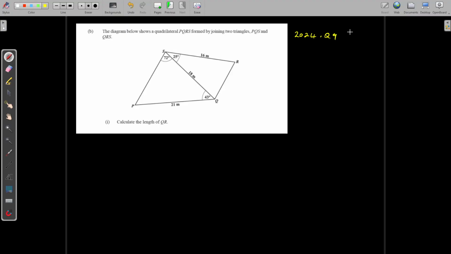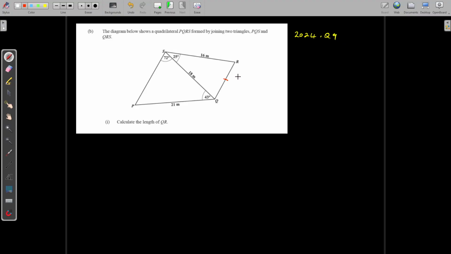If you see any other trig elsewhere on the paper, like in question 3 or 4 thereabout, those ones would usually be testing your trig ratios, so SOHCAHTOA or Pythagoras' theorem. But the ones you encounter at question 9 are usually trig 2, which requires knowledge of sine and cosine rule.